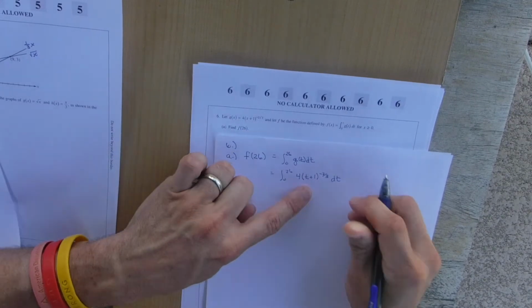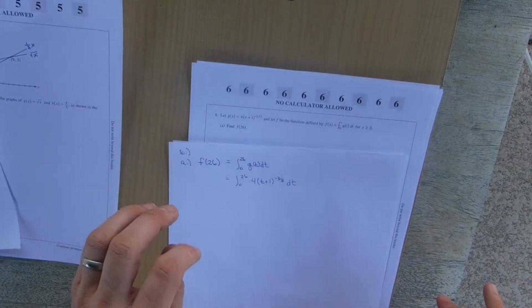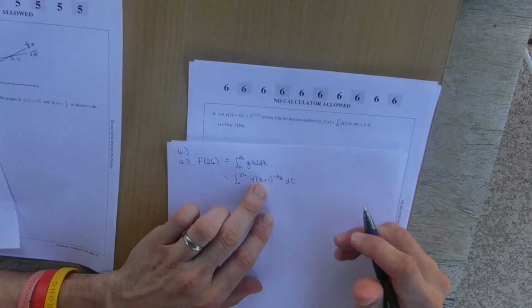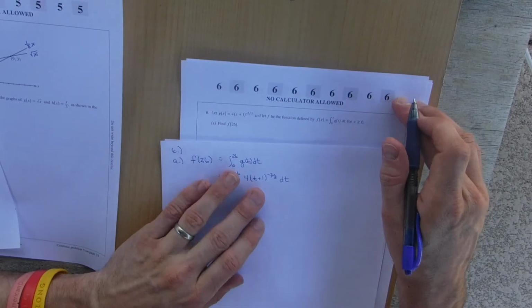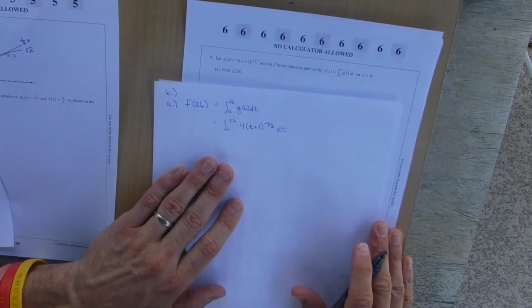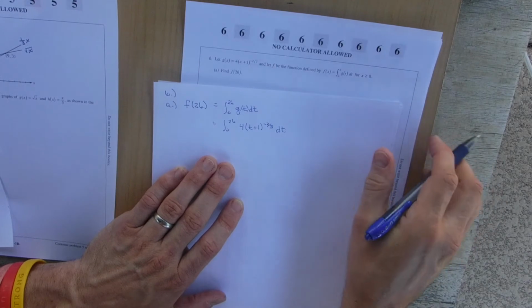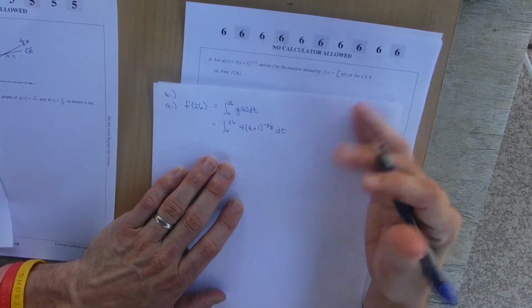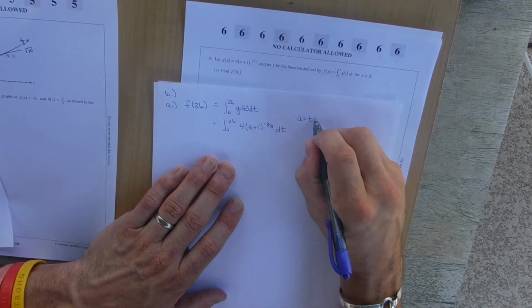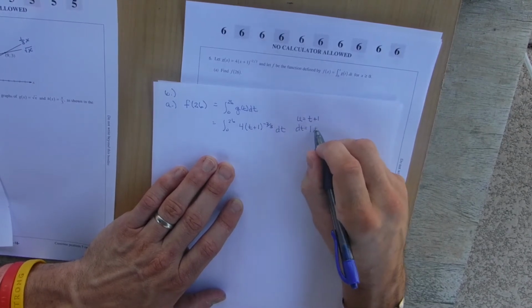Again, when I have something that resembles a chain rule, it always makes me wary. Now I know this one will work out just fine, but when I have these chain rule problems, I like to use substitution. I think it's just my weirdness. So my u in this case is going to be t plus 1. du would be 1.